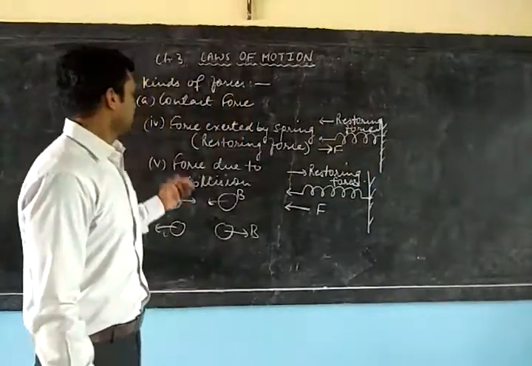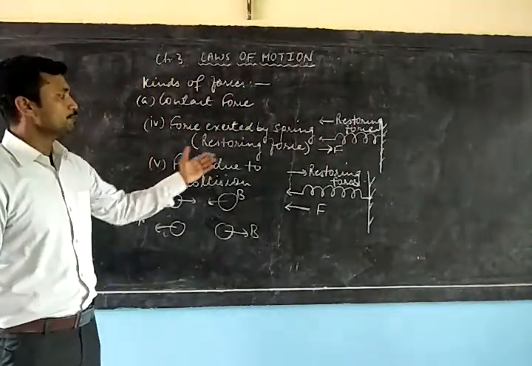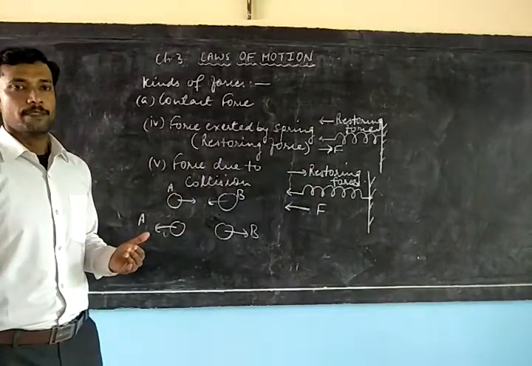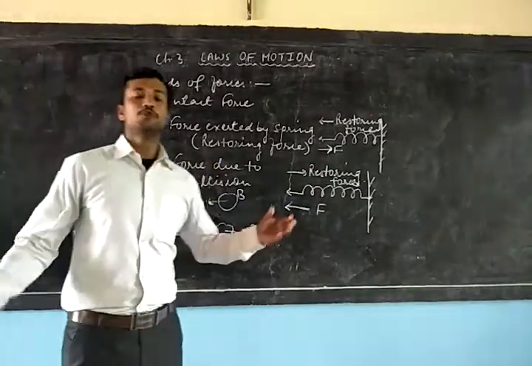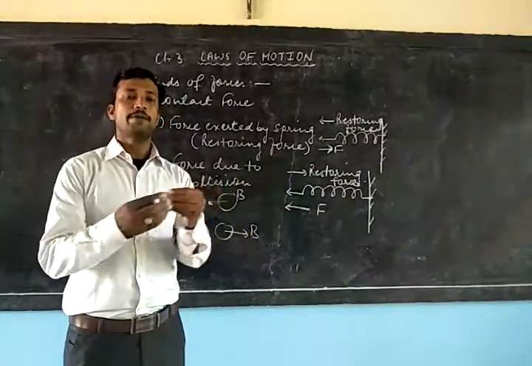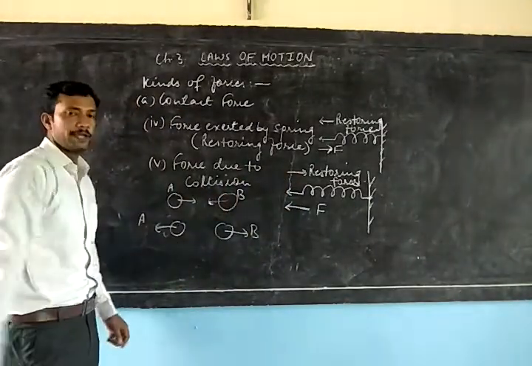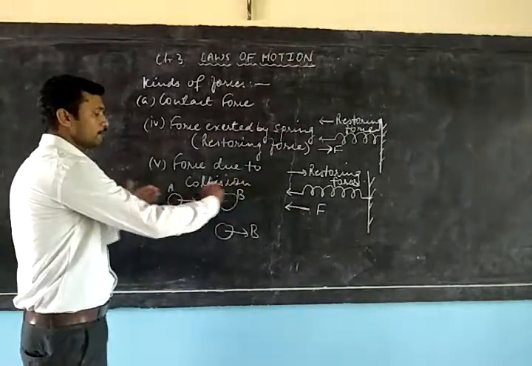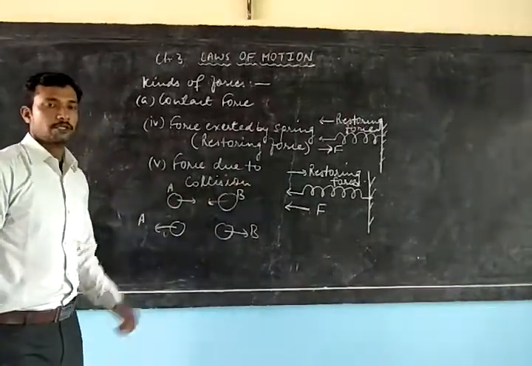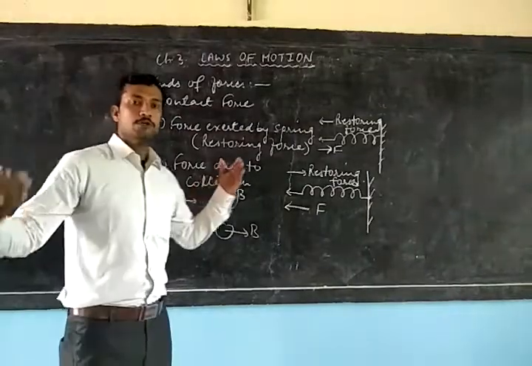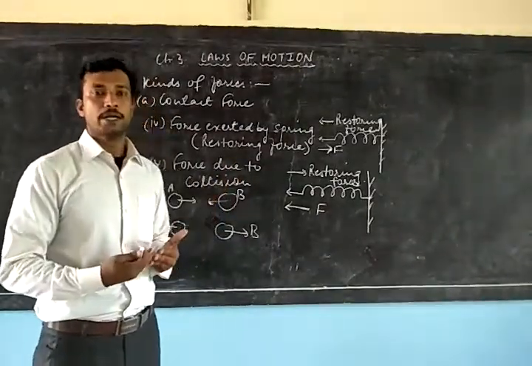We have the last contact force, which is force due to collision. Collision takes place when two moving bodies collide with each other. You can see here the two bodies A and B moving close to each other. Now the time will come when they strike one another.